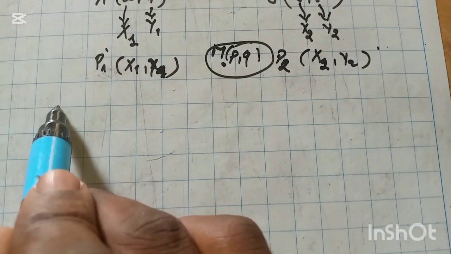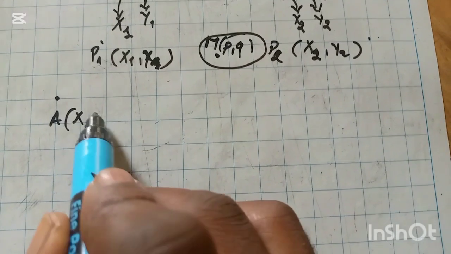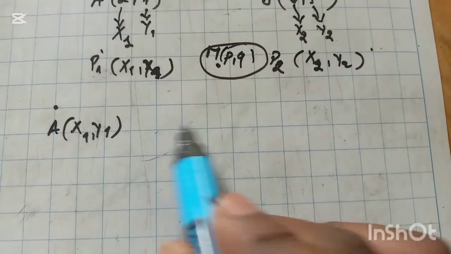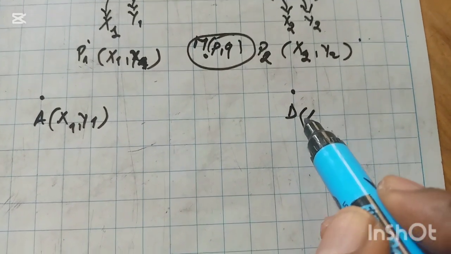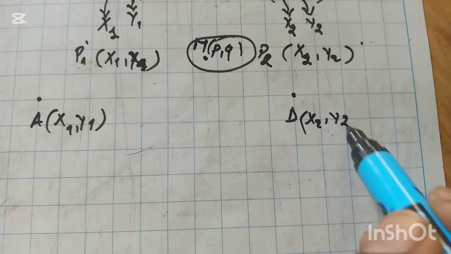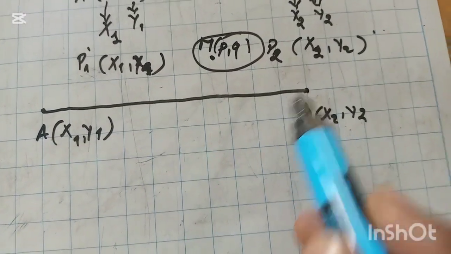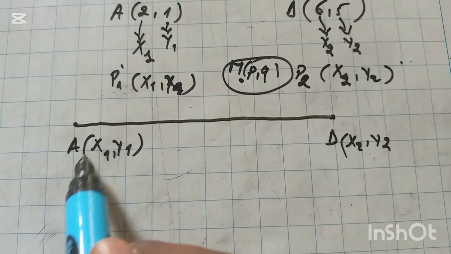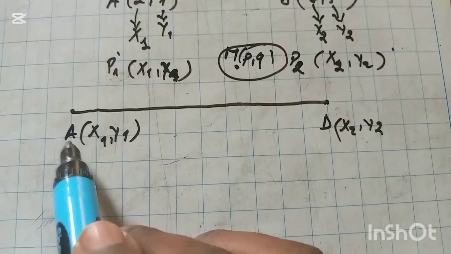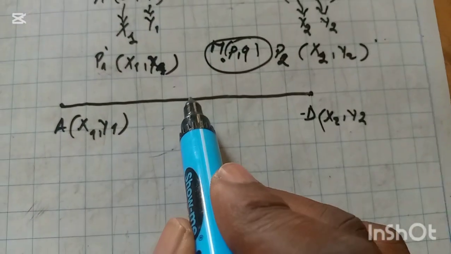By trying to use a line, you can have point A here with X1 and Y1. Here you have a point like this one, which is point D with X2 and Y2. Trying to join these points, you see, you have this one. Then, if you have a line joining those 2 points, we can find a point here.